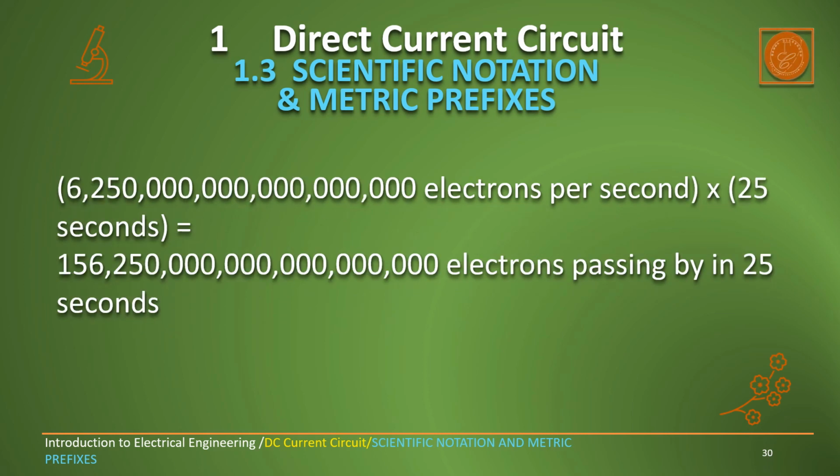We know the electrons per second for 1 amp is 6.25 times 10 power 18. This per second times 25 seconds, we can get 156.25 times 10 power 18. That is the electrons passing by in 25 seconds.